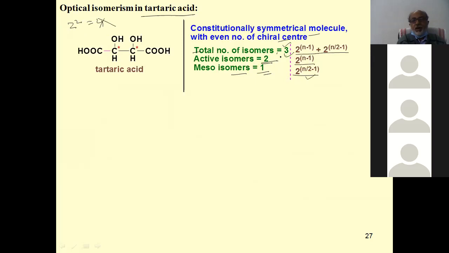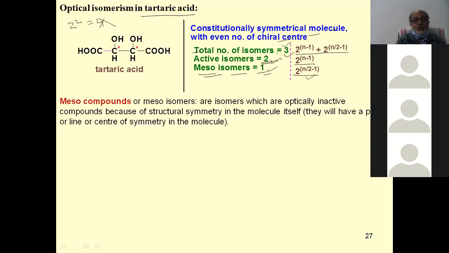Out of this, all are not active. 2 of them are active, and 1 is inactive. That inactive compound is called a meso isomer. Now, what is a meso isomer? This is the definition of meso isomer. Meso compound or meso isomers. Have you come across the word meso? Yes, sir.